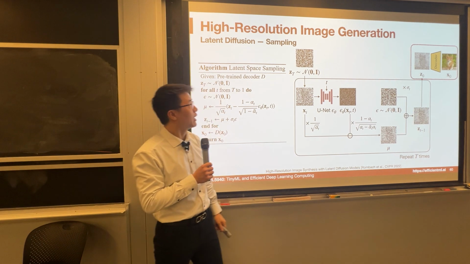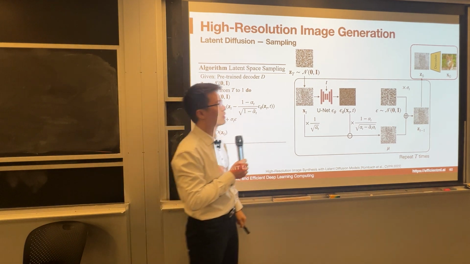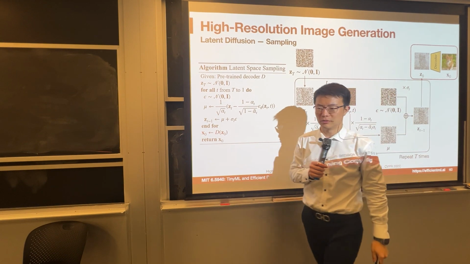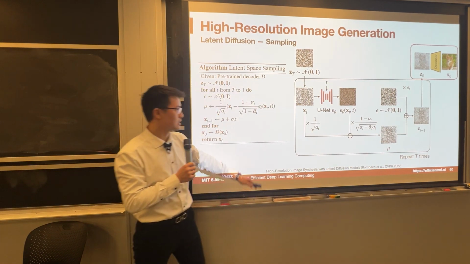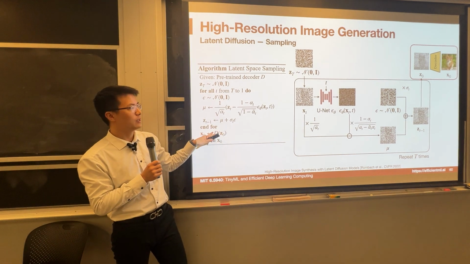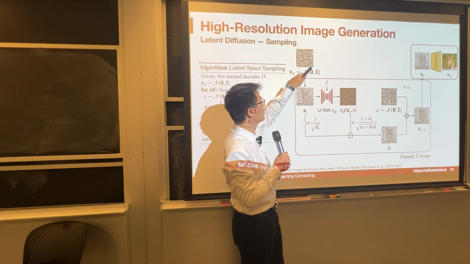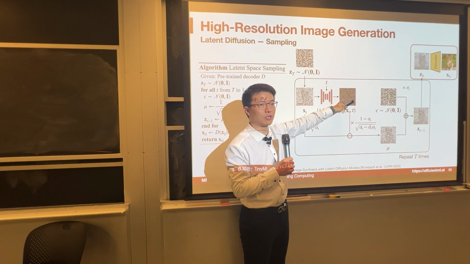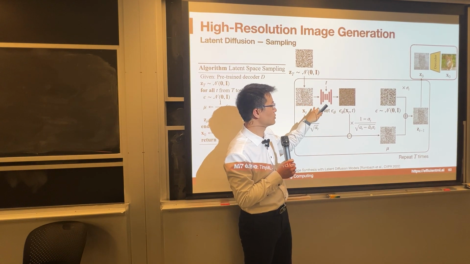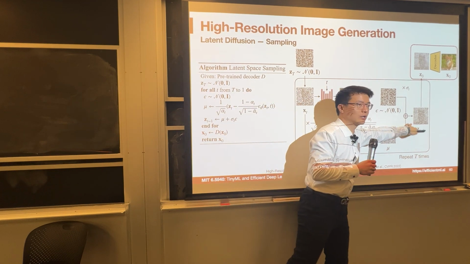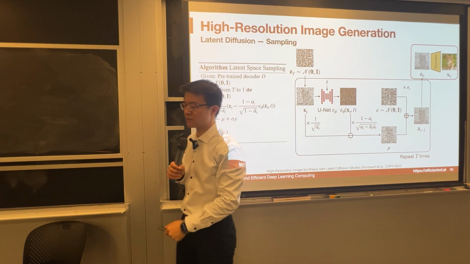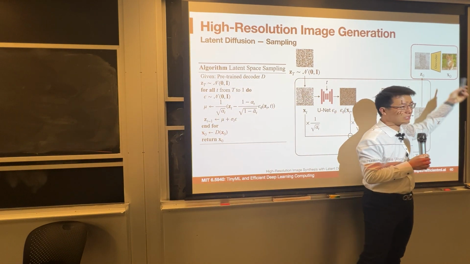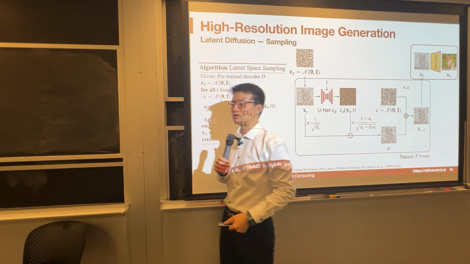Similarly, for the sampling stage, rather than directly getting the output, we pass it through a decoder to get the output. Everything before is exactly the same. Okay? So we have the noise. We use the UNet to predict the noise, subtract the noise from the original input, and add the noise, trying to get the next time step. And finally, for Z0, we pass it through a decoder to reconstruct the original input.